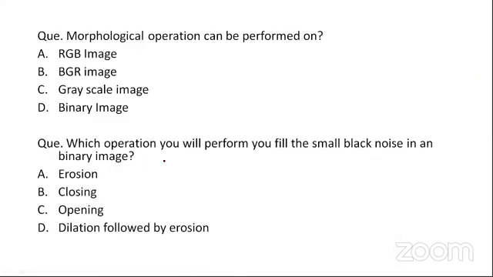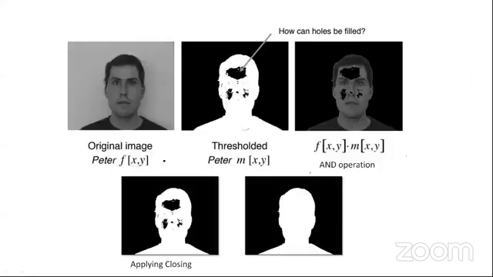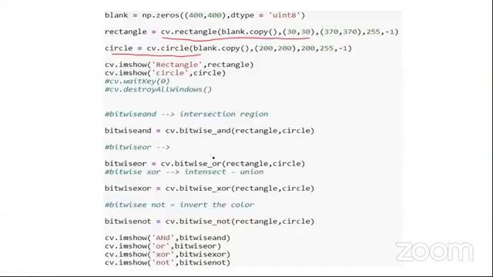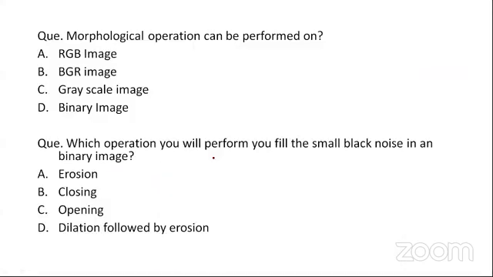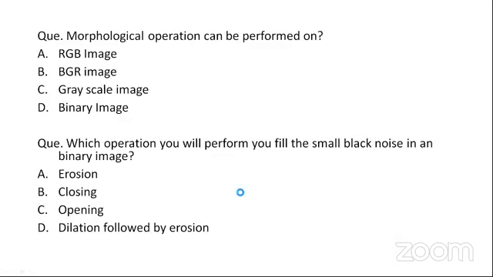This is the bitwise operation. I forgot to include the implementation part of the morphological gradient, my bad. You can check the Colab file after that.